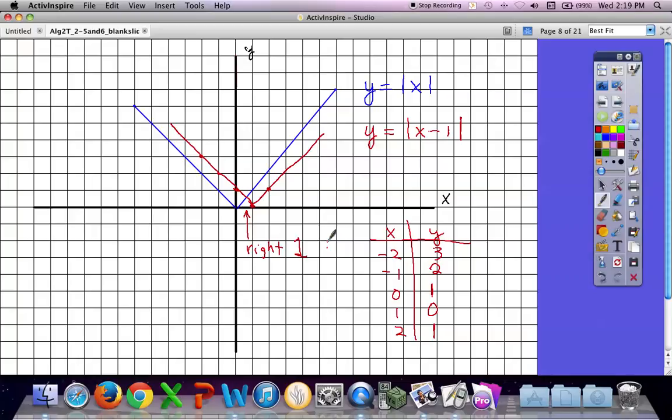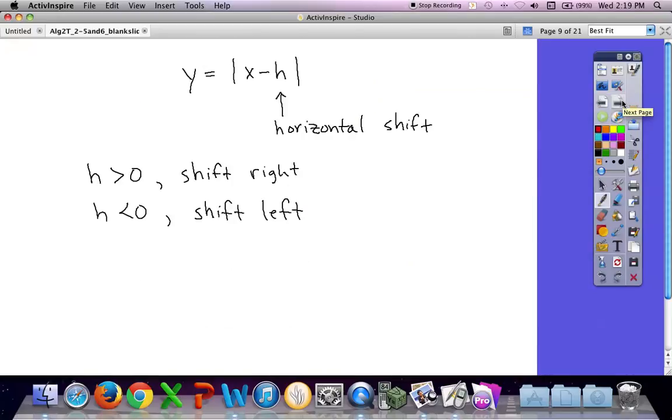Okay, so here's the rule for horizontal shifts. If you add or subtract a number that's inside the absolute value, and again, this h is standard, that's what we're told to use, understand that the minus is part of the formula.